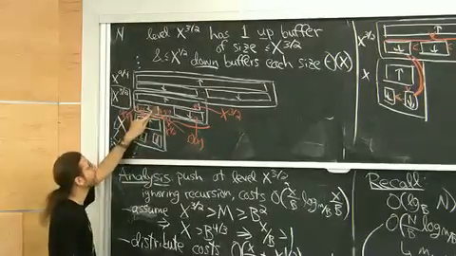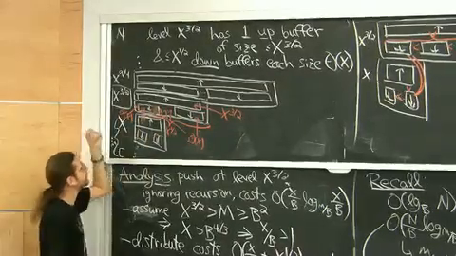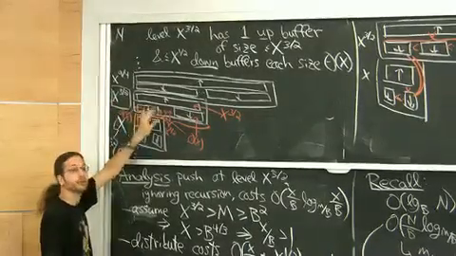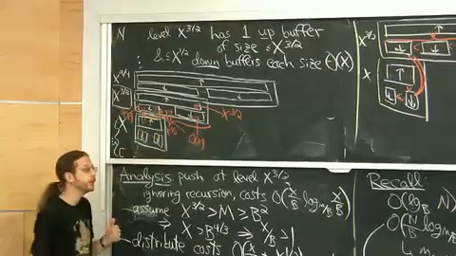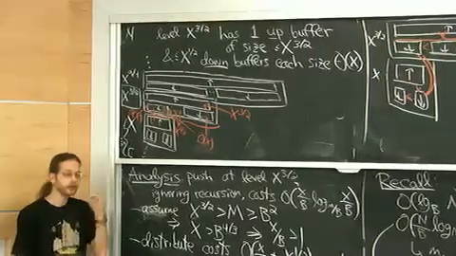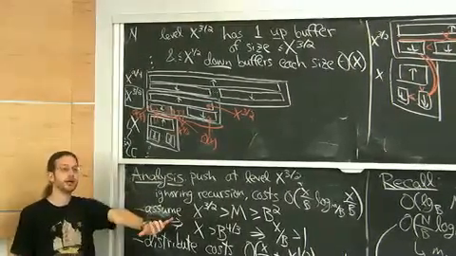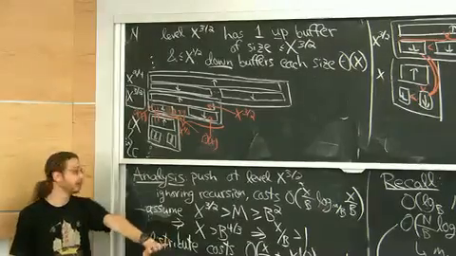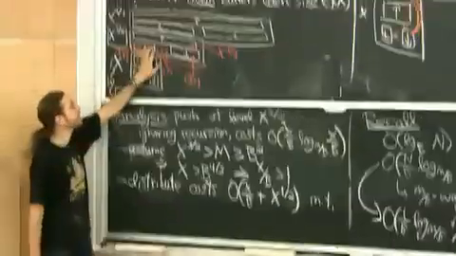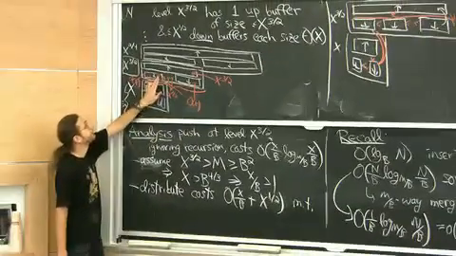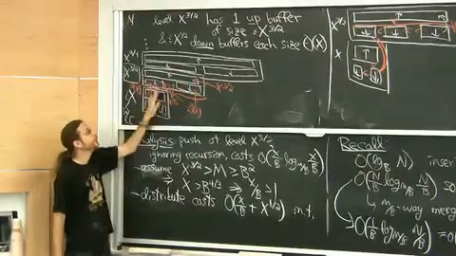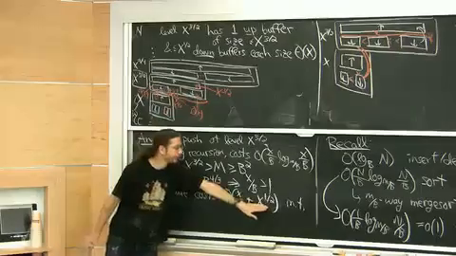We touch this down buffer, and really we just care about the max here, and then we start writing elements one by one. But if we write elements one by one, the very first element we write costs an entire memory transfer. We have to load in a block. But then we can fill that block and write out that block, so we get to write out B items in one step. So we pay x to the 1/2 because we have to touch the last block of this down buffer, this down buffer, this down buffer, and there are x to the 1/2 down buffers. So each one we have to pay 1. That's this part. That's the expensive part.